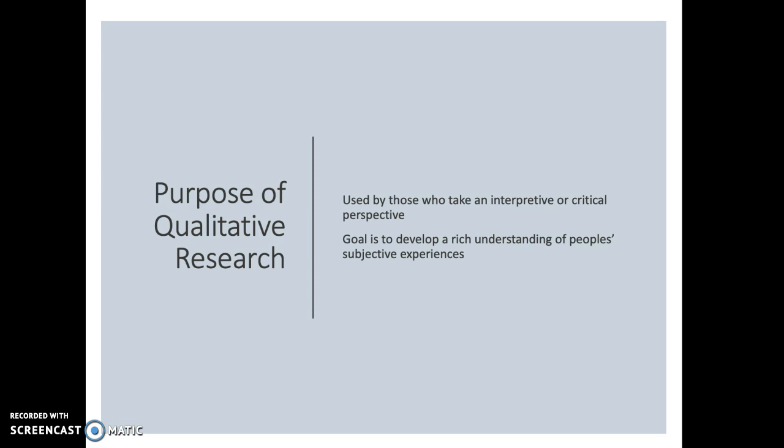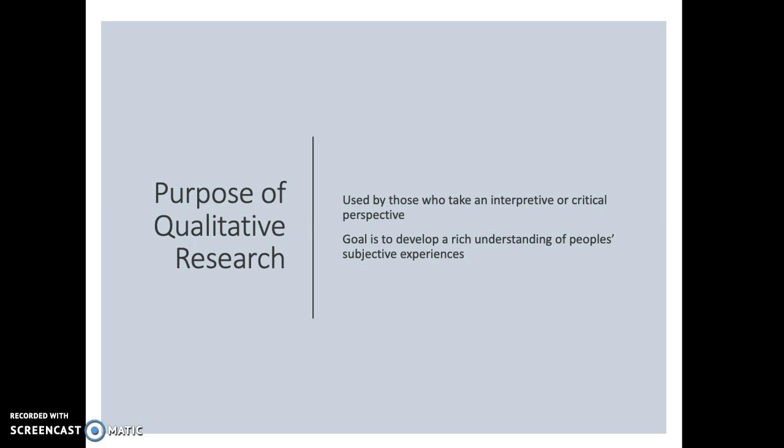We don't want to give them a standard test. It's like when you're taking an exam with multiple choice, your options are limited. That's more of the positivism point of view. But if you are answering open-ended questions, you have the chance to explain yourself, to provide examples. That's more of an interpretive and a critical perspective.